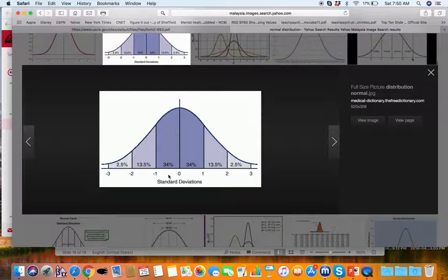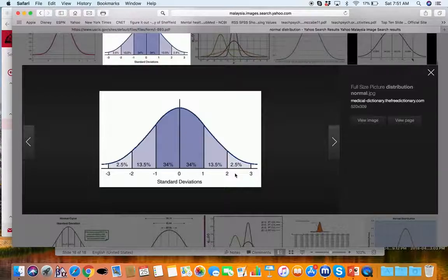So in other words, about 68% of the observed test scores tend to fall within plus or minus 1 standard error of measurement of the true score. 95% fall within plus or minus 2. So if you sum 13.5, 13.5, 34 and 34, you get 95%. 95% fall within plus or minus 2 standard errors of measurement of the true score, and 99%, so all of this up to -3 and +3, fall within -3 and +3 standard errors of measurement of the true score.